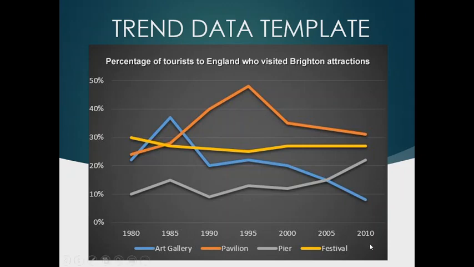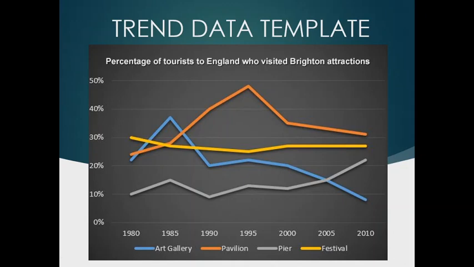Okay, so it's 31%. So did it increase or decrease? 24 to 31. It increased. All right, so that's how you are going to determine the general trend of your data by looking at the first information and the last information on your line.